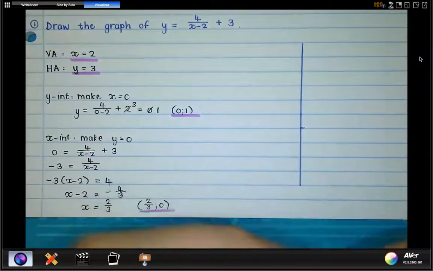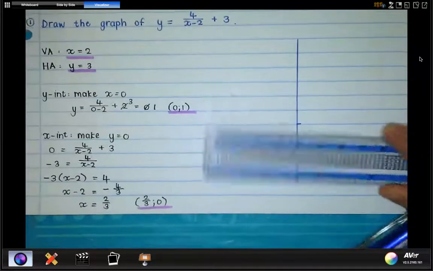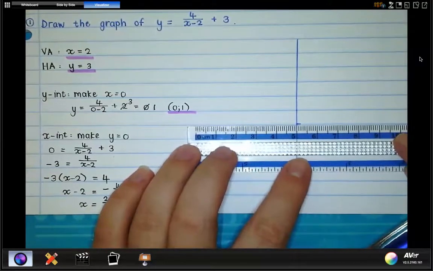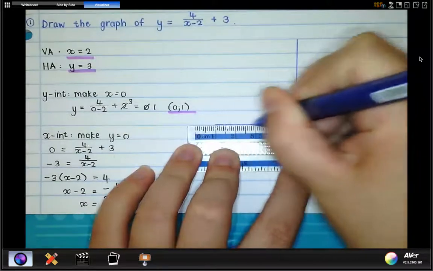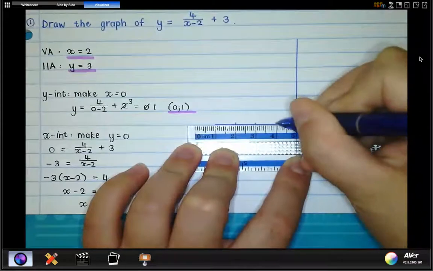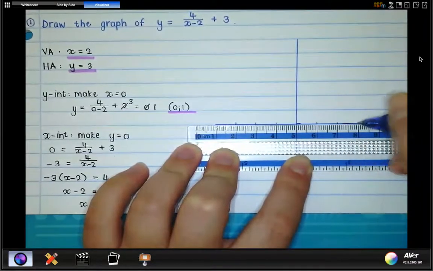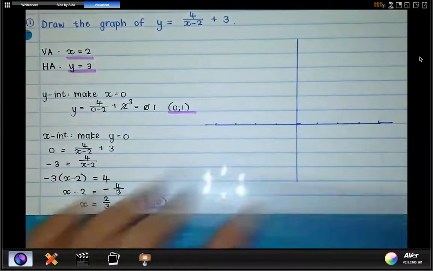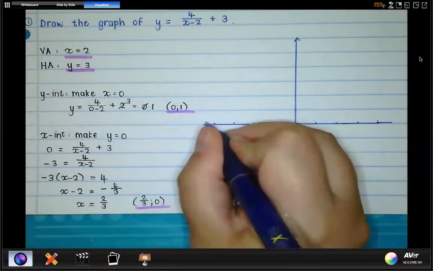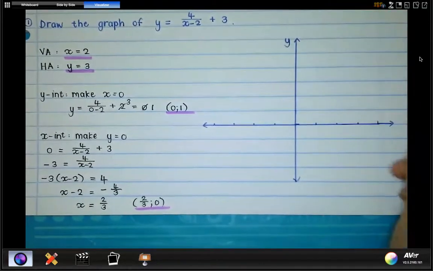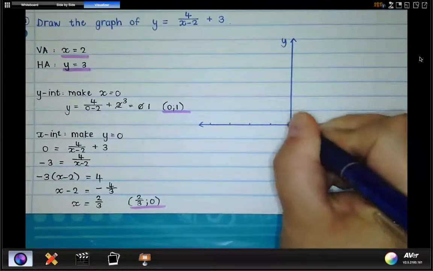Not really going to need as much space at the bottom there, because we have no points with negative y values. And then I'm just going to go to -4 and +4. Okay, just extend it a bit. Okay, I have y and x and 0.